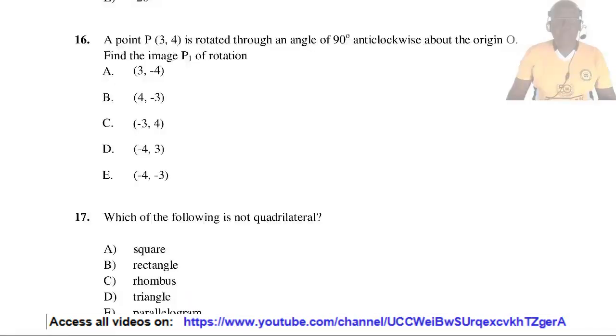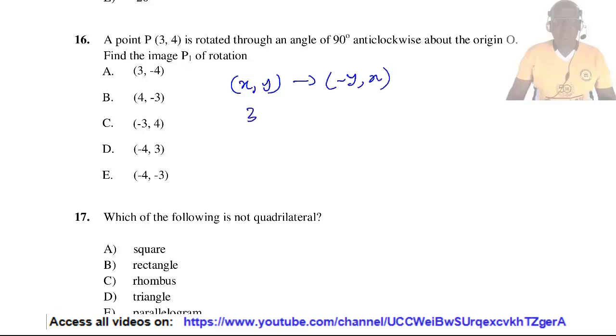Question 16. A point P with coordinates (3, 4) is rotated through an angle of 90 degrees anticlockwise about the origin. Find the image P1 of rotation. The rule of rotation is (x, y) maps into (minus y, x).